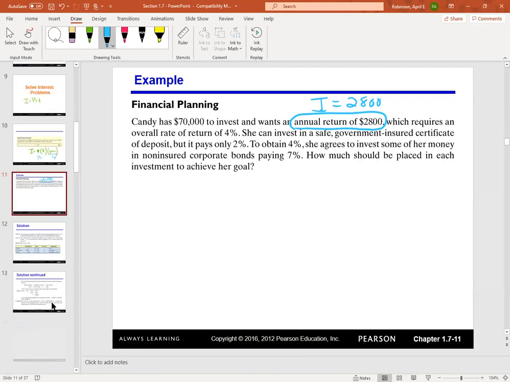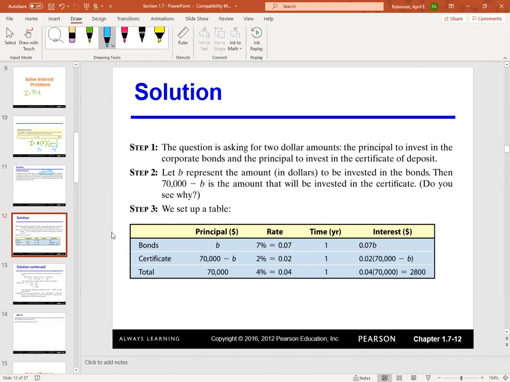Okay, so they've got this table here for you. The question's asking for two amounts, the principal to invest in the corporate bonds, and the principal to invest in the CD. So you know that she has a total of 70 grand. What we don't know is how is she splitting it up? Is she putting 10,000 here and 60,000 there?